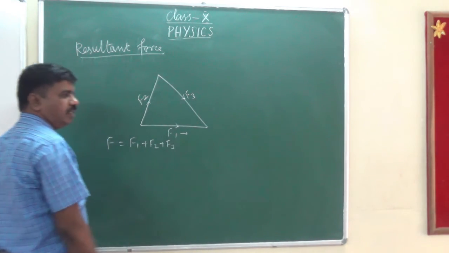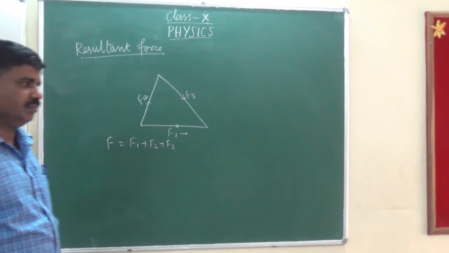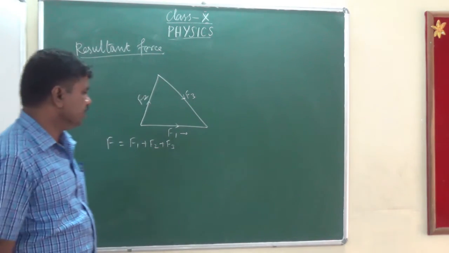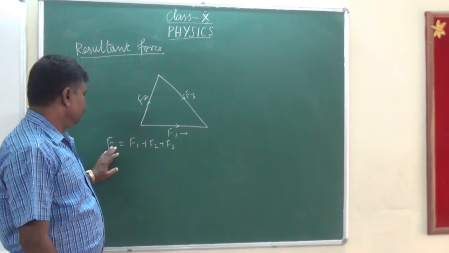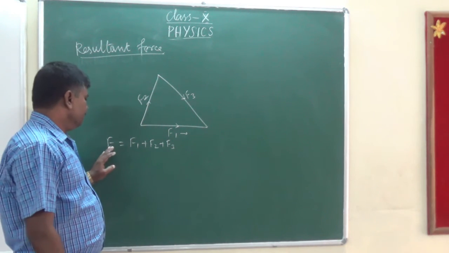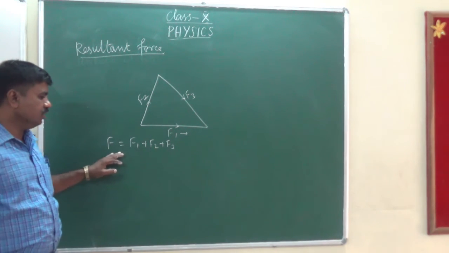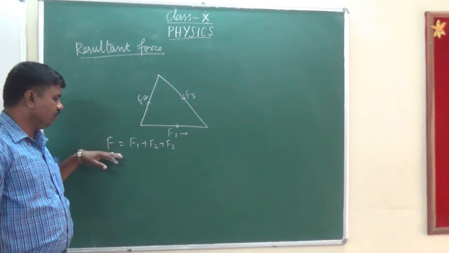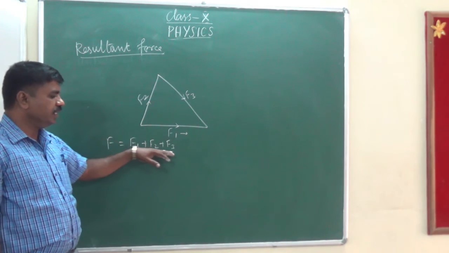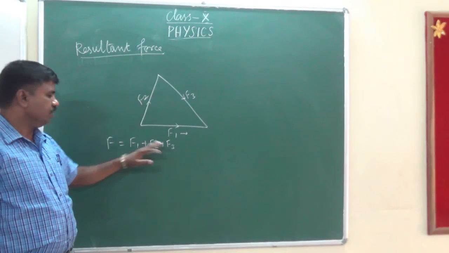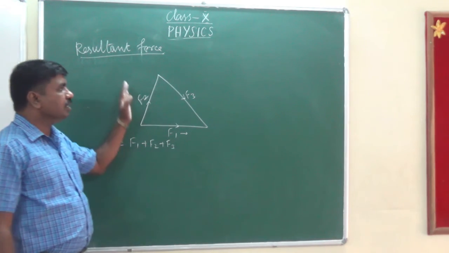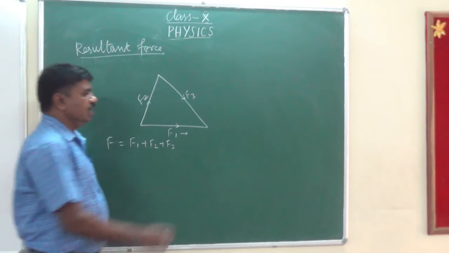When the total net force is 0, the total momentum we can say will be 0. The net force or the total force is equal to the sum of the individual forces. So the total force F equals F1 plus F2 plus F3. That is nothing but the resultant force.